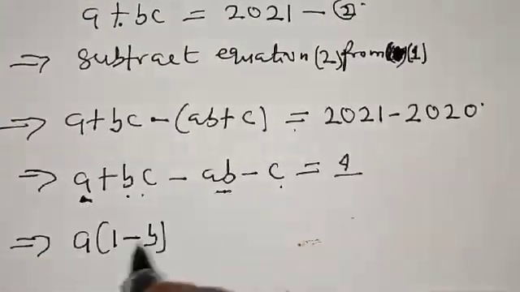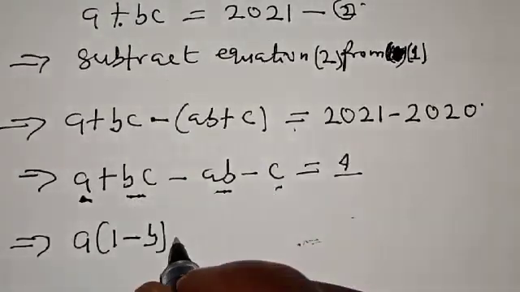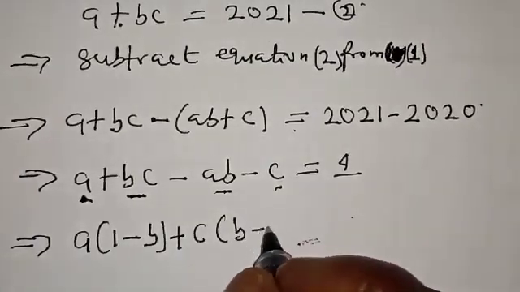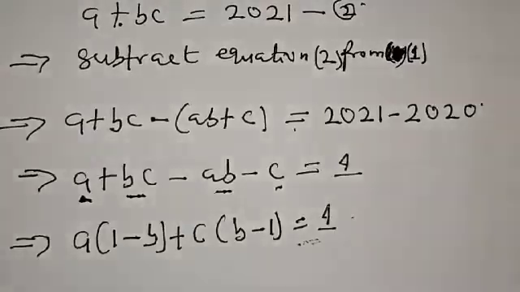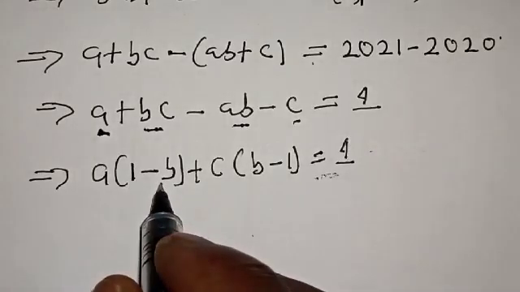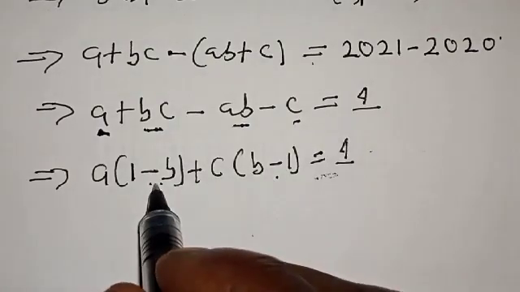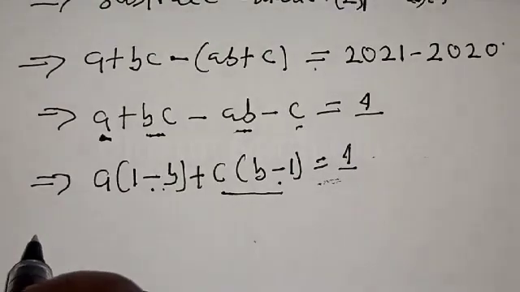Then we are left with BC and the C plus C into B minus 1 equal to 1. Now this is 1 minus B and this is B minus 1. In order to make this B minus 1 to be 1 minus B, we have to multiply this by minus 1.